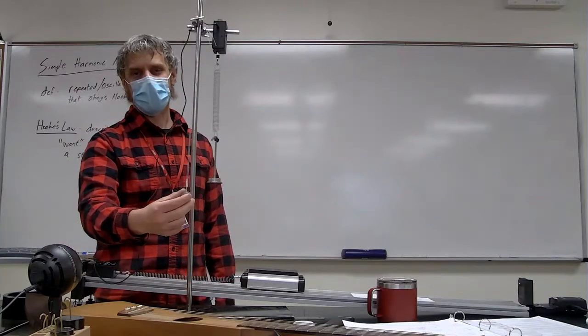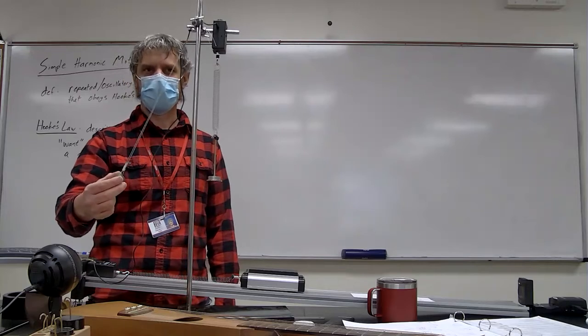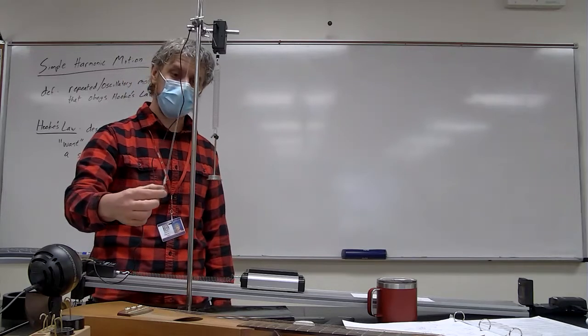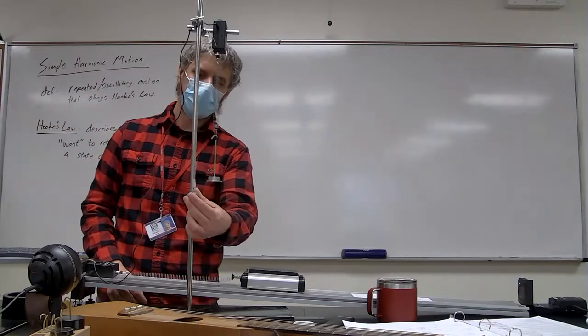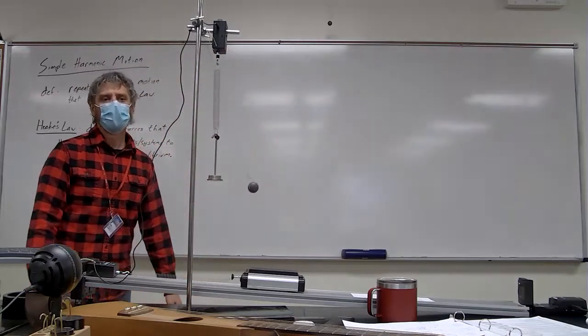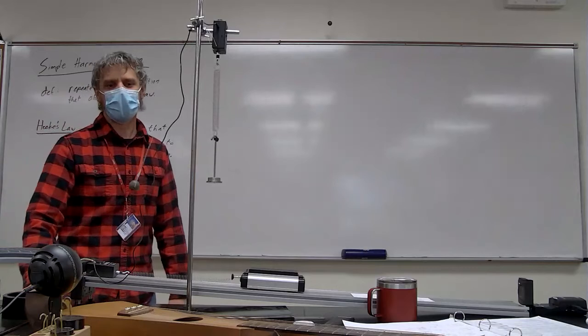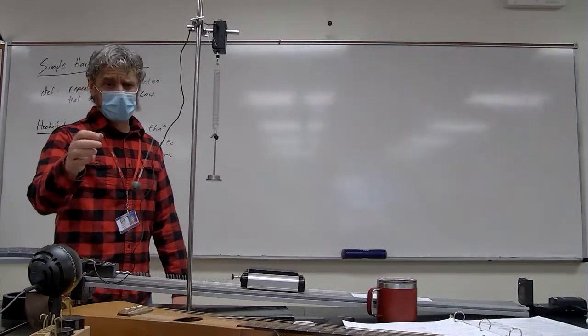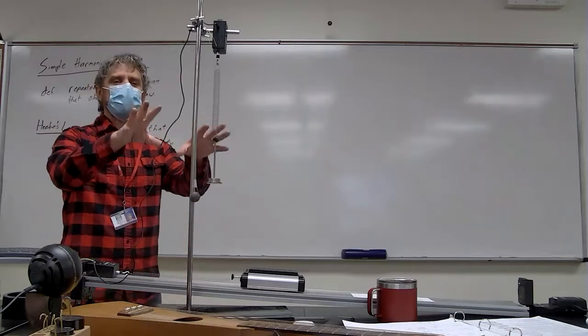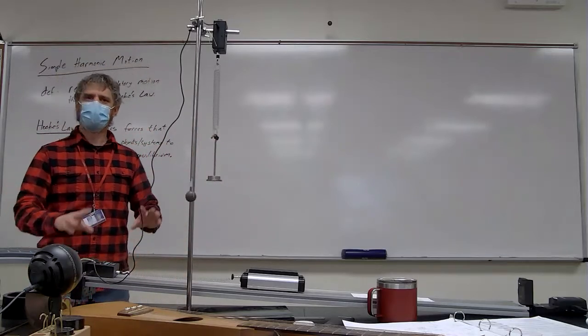I give it gravitational potential energy by pulling it to the side. Then the gravitational potential energy converts to kinetic. When it's at equilibrium, it has maximum kinetic energy, so it goes through and then converts that energy back to potential. And again, in an ideal scenario, with no loss of energy due to friction, no air resistance, the pendulum swings forever.